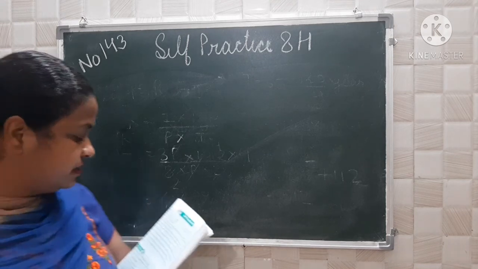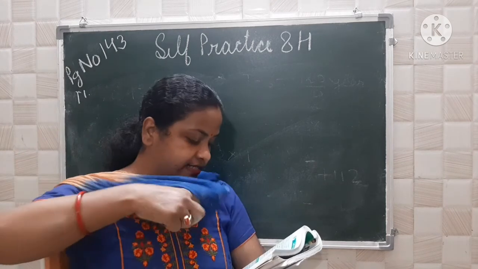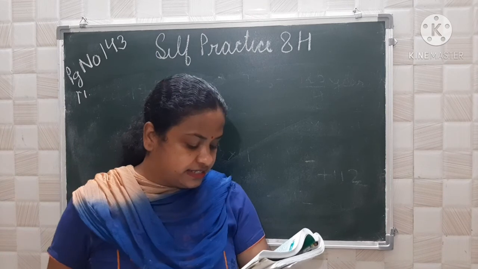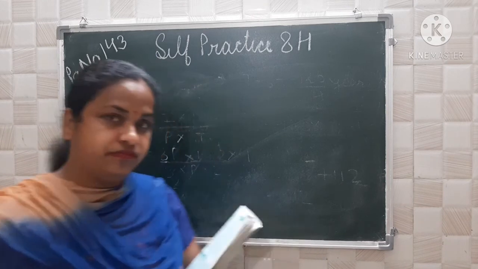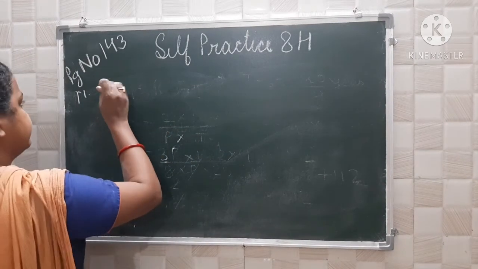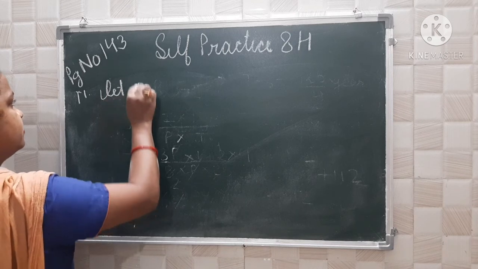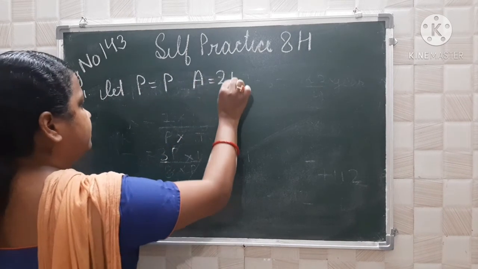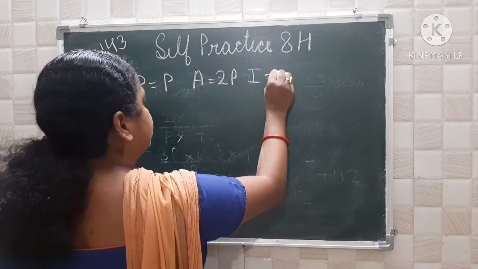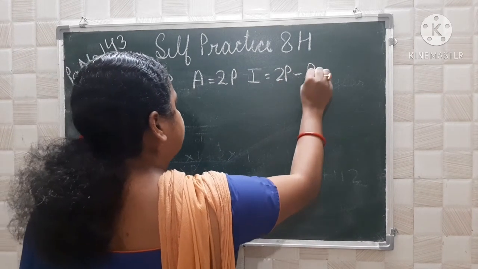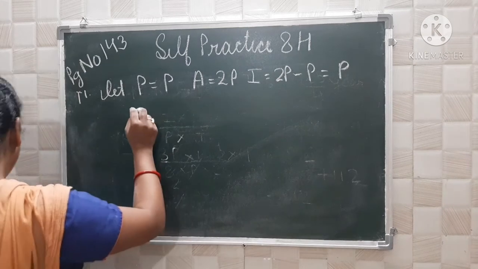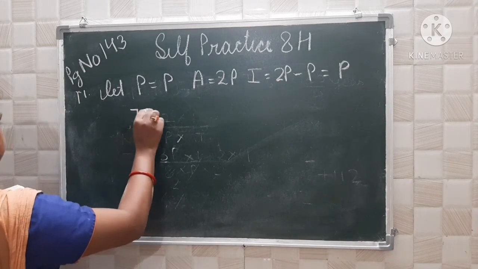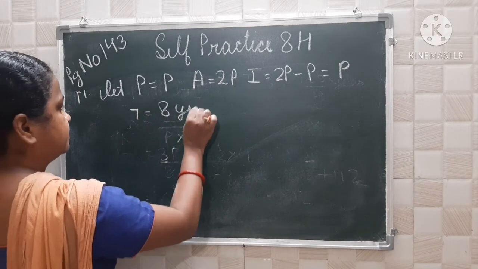A sum doubles itself in 8 years at simple interest. Find the rate of interest per annum. So here let P is equal to P. Amount is equal to 2P. So I is equal to 2P minus P, that is P. Time is equal to 8 years.